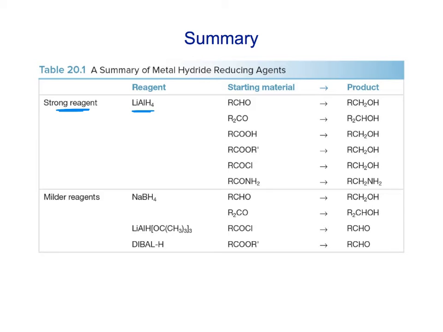If that carbonyl has a leaving group on it, these are what we called the type 1. Hydride displaces that leaving group to make an aldehyde, which is further reduced to a primary alcohol.